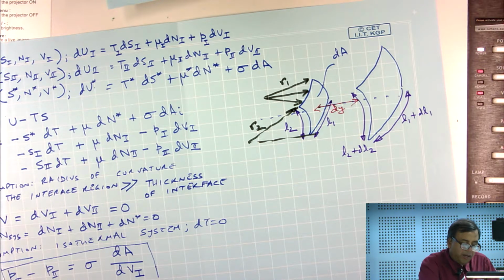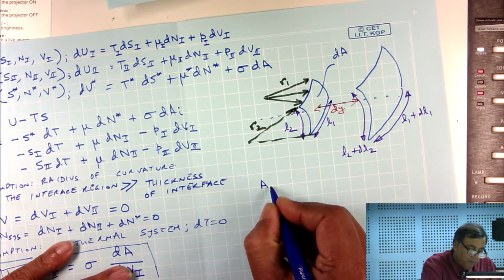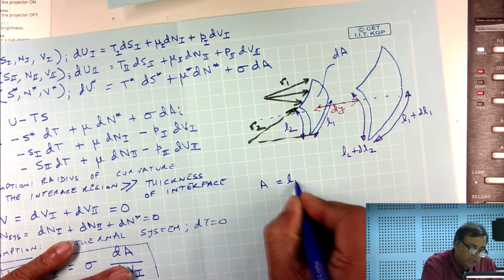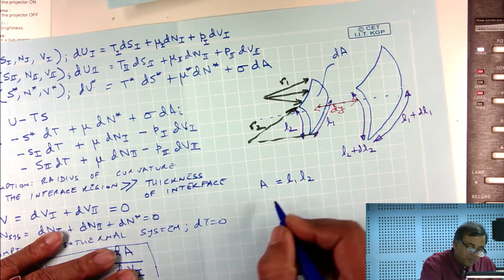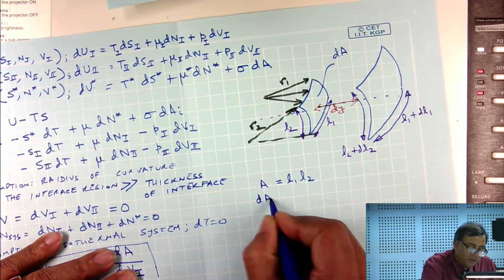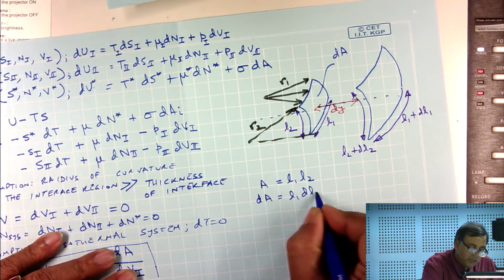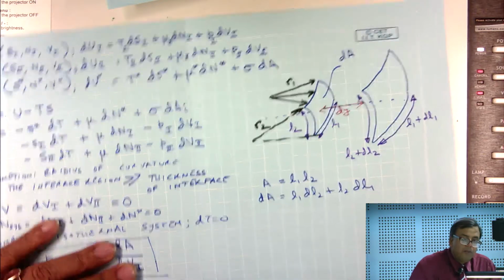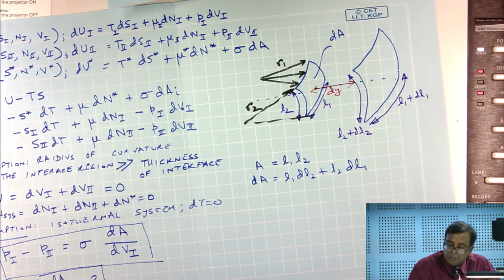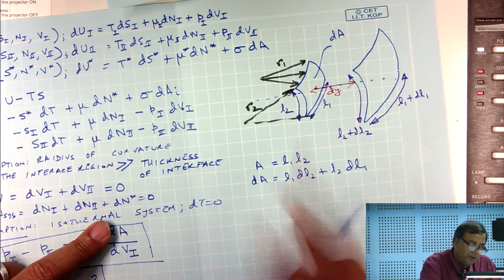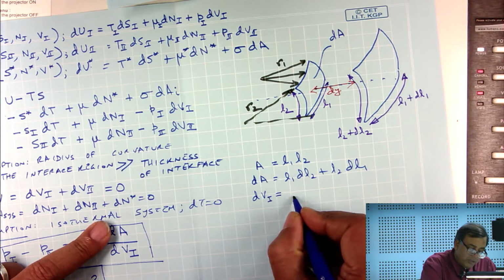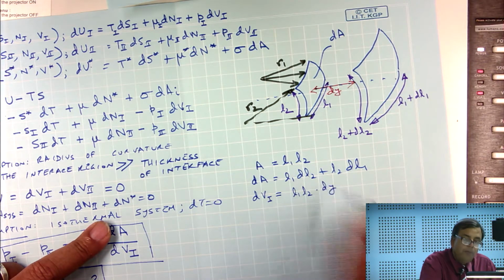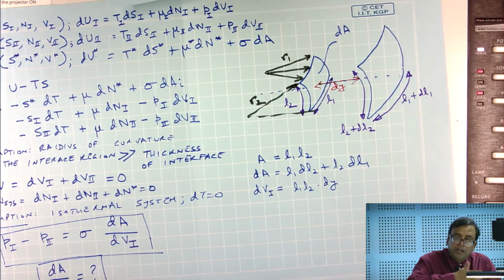So, its initial area was L1 times L2, right, but now that it has moved, dA is L1 times dL2 plus L2 times dL1, okay, and the change in volume of phase 1 is L1 times L2 times dy, right, the initial area times the distance it has swept. You all with me on this?